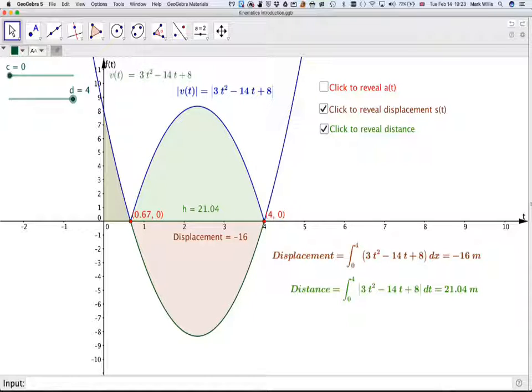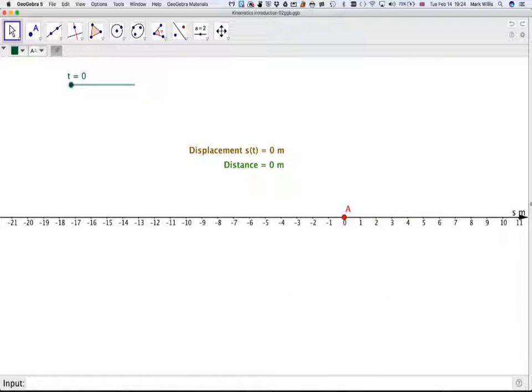Okay. Now another way of looking at this is this one here. We've got this particle A at 0. Let's have a look what happens when time moves. So time moves in that direction. After time gets to 2/3, like we see here, the particle stops and then changes direction and goes back. So this displacement gets up to minus 16.